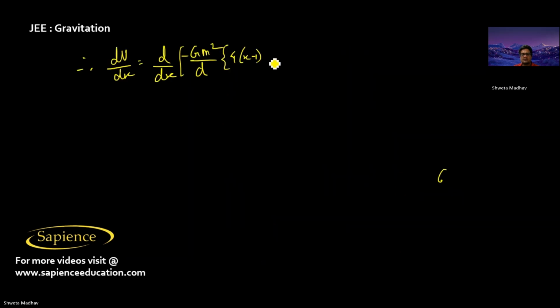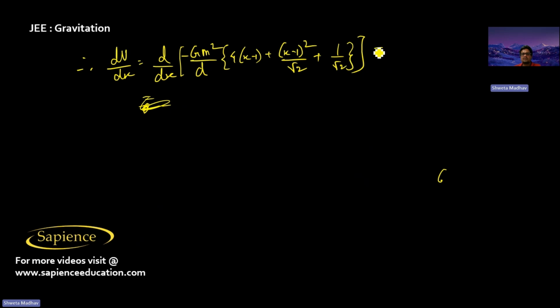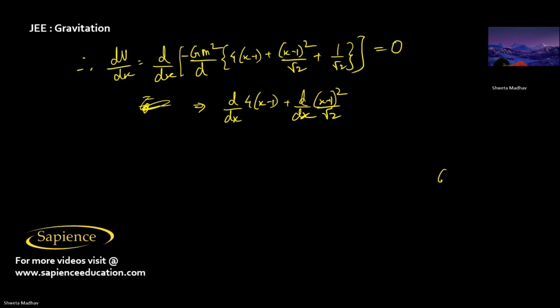So dU by dx will be equal to d by dx of minus G m square by d into [4 into (x minus 1) plus (x minus 1) whole square by root 2 plus 1 by root 2]. This should be equal to 0. So that means d by dx of 4 into (x minus 1), plus d by dx of (x minus 1) whole square by root 2, plus 0, will be equal to 0.